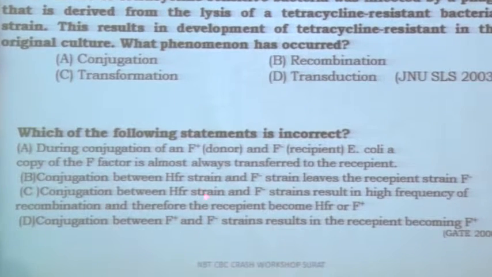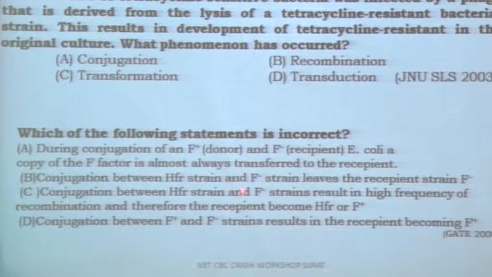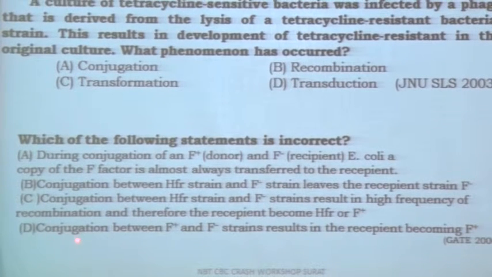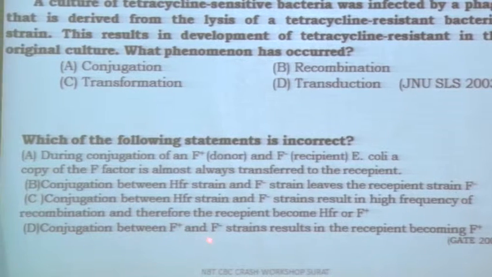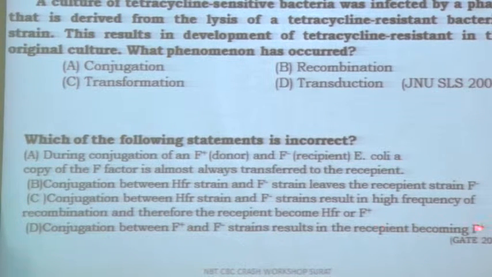The conjugation between the HFR strain and F minus strains result in high frequency of recombination and therefore recipient become HFR or F plus. So this statement is found to be incorrect. That is statement number C. What is last one? Conjugation between F plus and F minus strain result in the recipient becoming F plus.